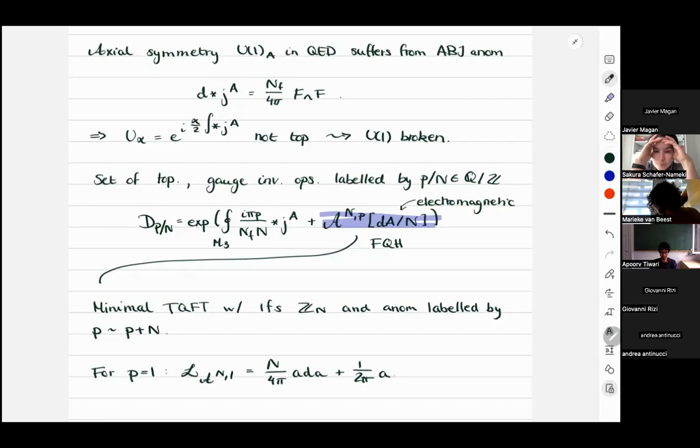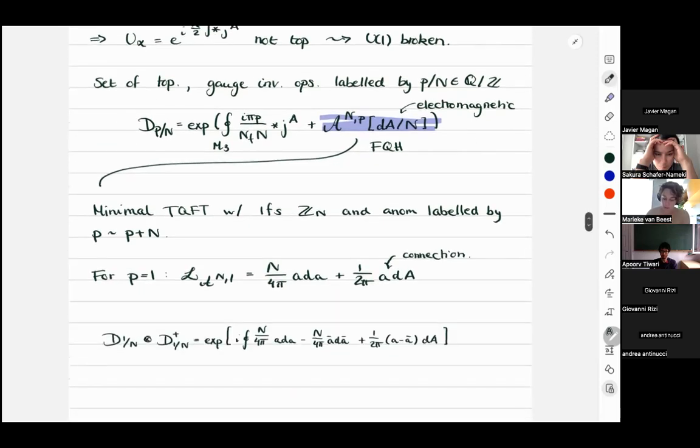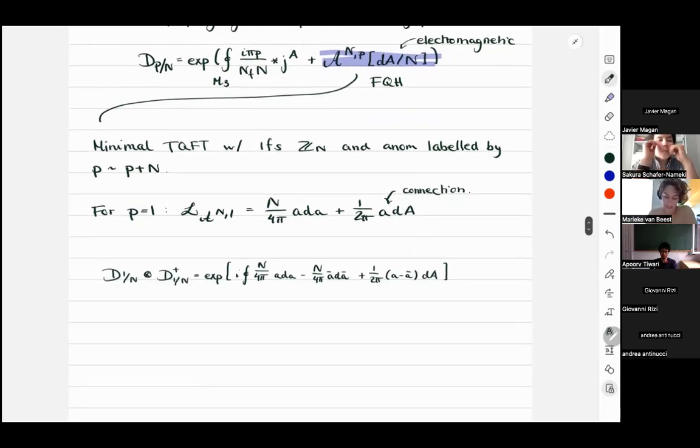It just looks like this, where this little a is a connection that lives only on the 3D defect. And now what these authors showed was that indeed, if you take this topological defect and you fuse it with its time reverse, then what you get is going to be some condensation operator, and in particular, it's not going to give 1, so that this is a non-invertible symmetry.